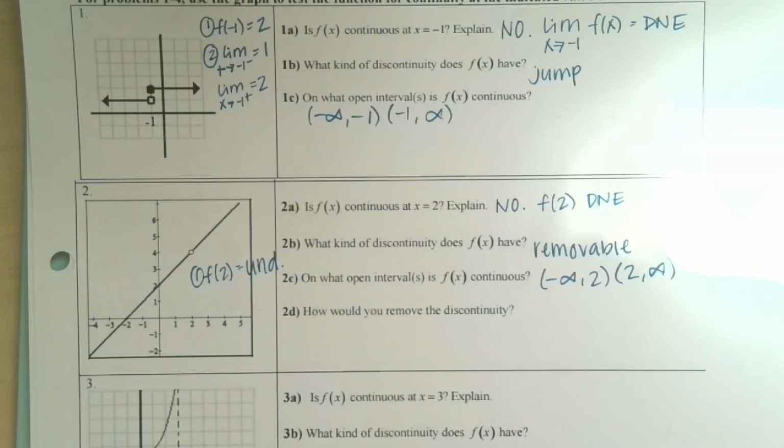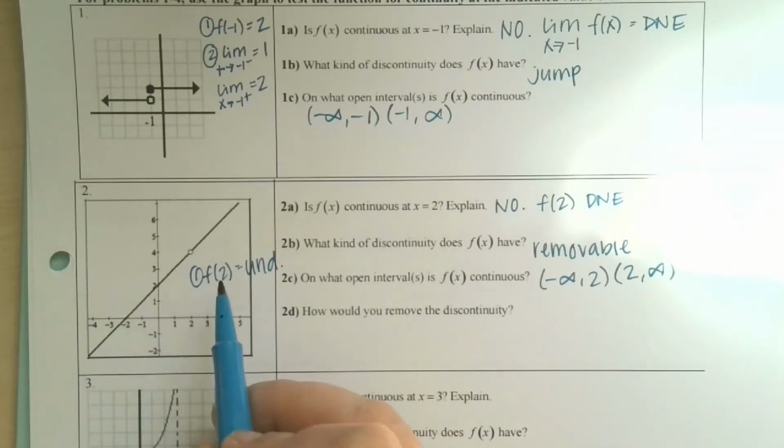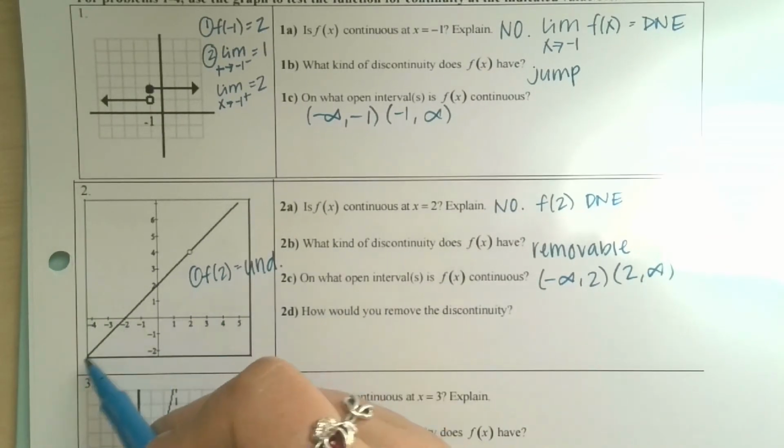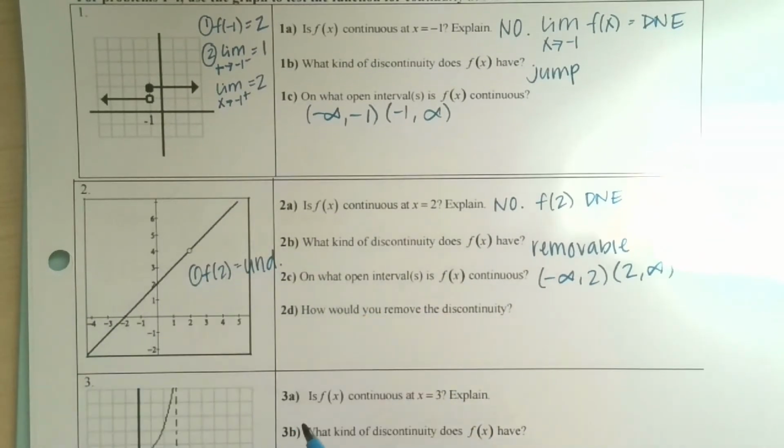This last question is a little different. The way that we can remove the discontinuity is we just make our function continuous, right? And so if we want our function to be continuous, we need to have this function value defined, right? Because clearly our limit would exist from the left and the right, and we need our limit to also equal our function value.